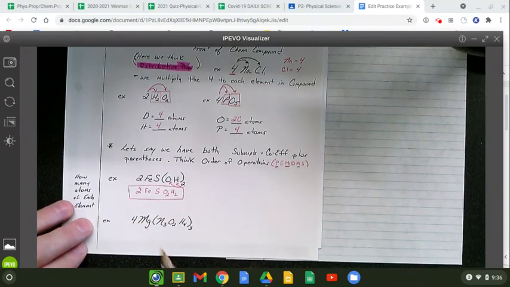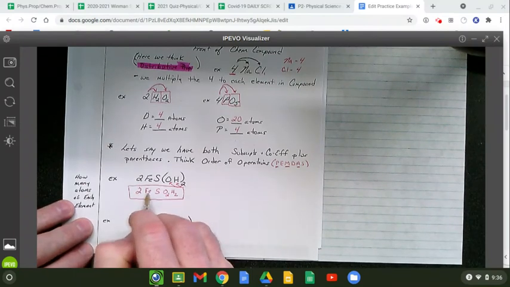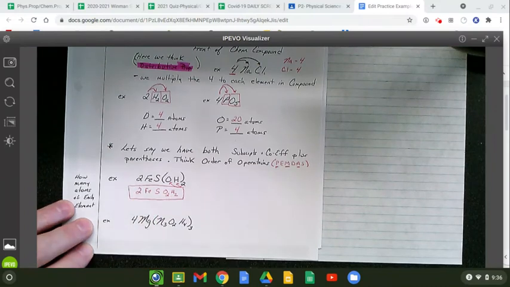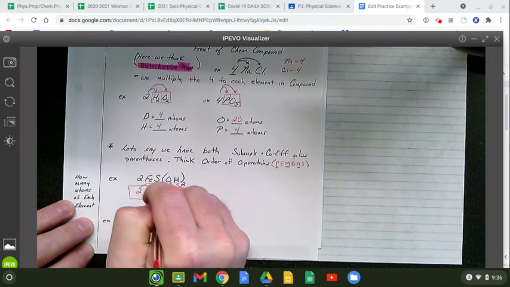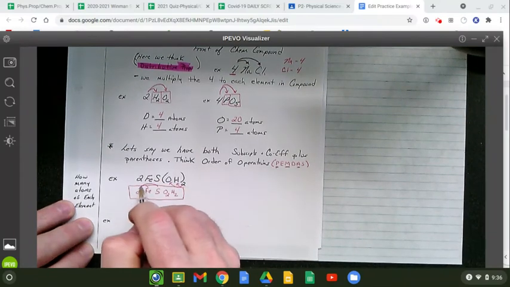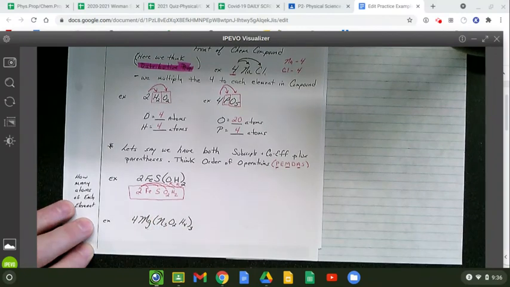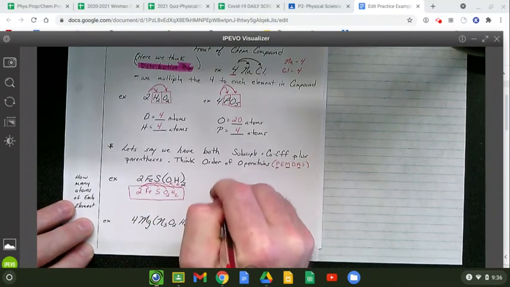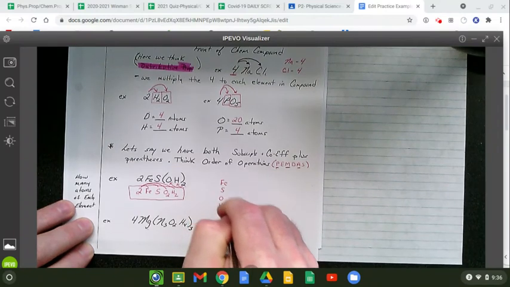Now we have to take this coefficient and distribute it to everything inside or in the compound that's attached. So we got 2 times the Fe, 2 times the sulfur, 2 times the O2, and 2 times the hydrogen 2. So I'm going to make my list of all the elements that are in this compound.